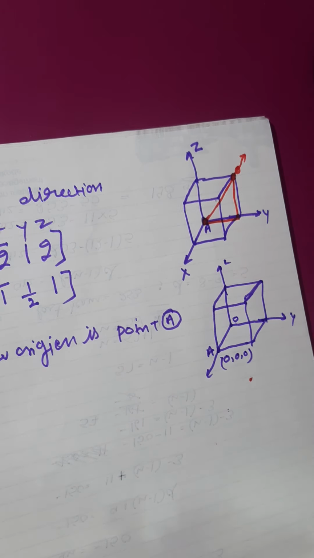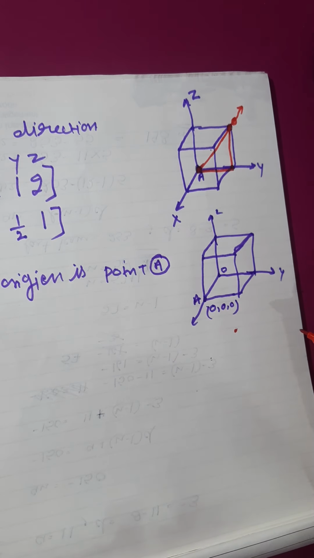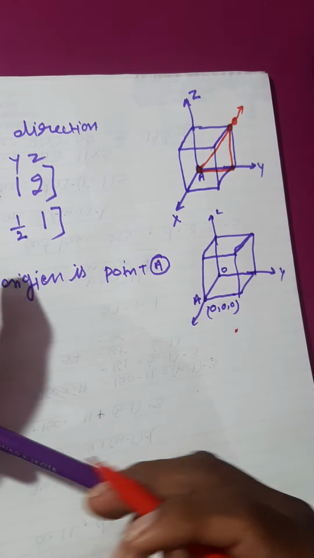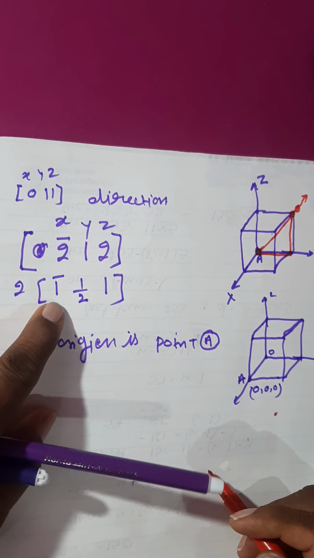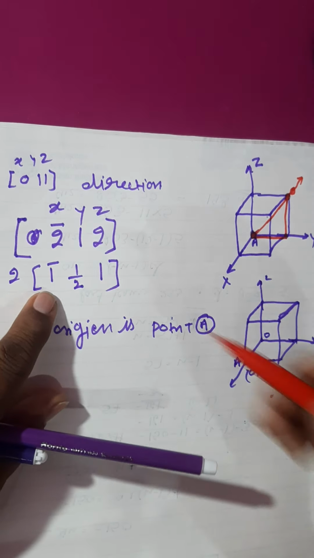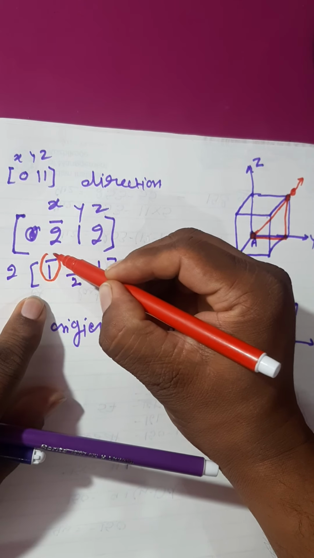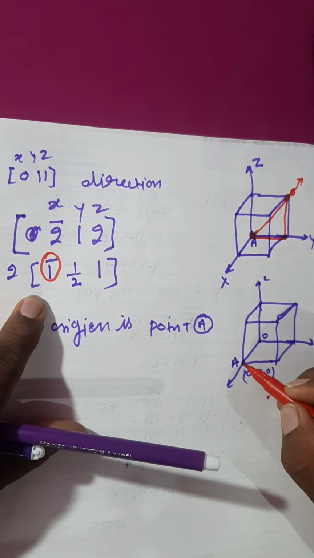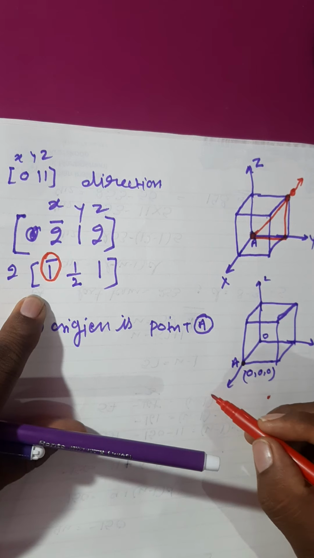So let us see the example. 1 bar means negative x. So this is your x direction.